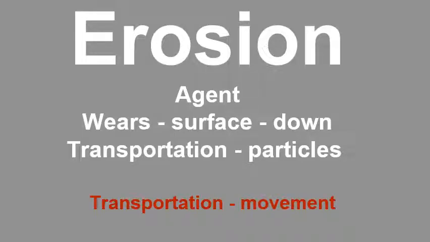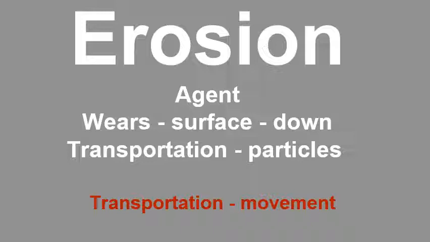Now, before we look specifically at marine erosion per se, we need to make sure that we understand what this process of erosion is. Now, the textbook definition of erosion is that it is the process where an agent of erosion wears down the surface of the earth by means of the transportation of particles.